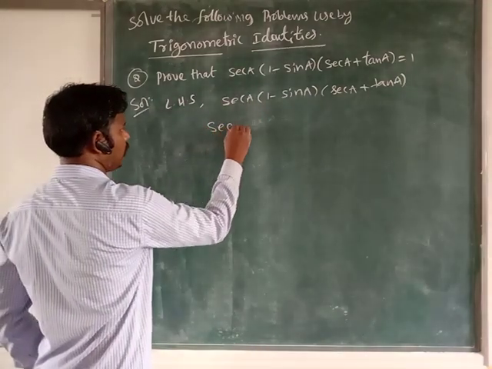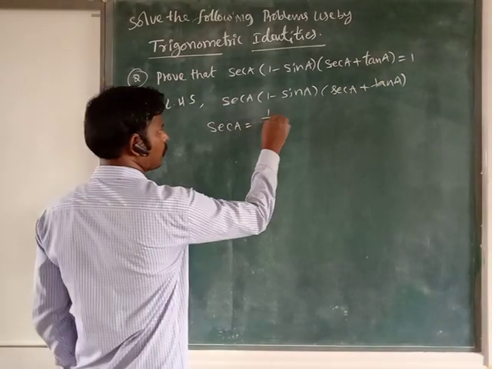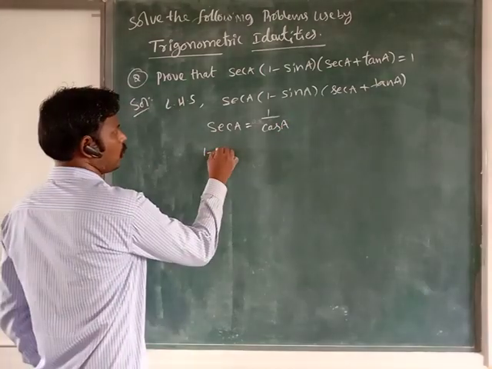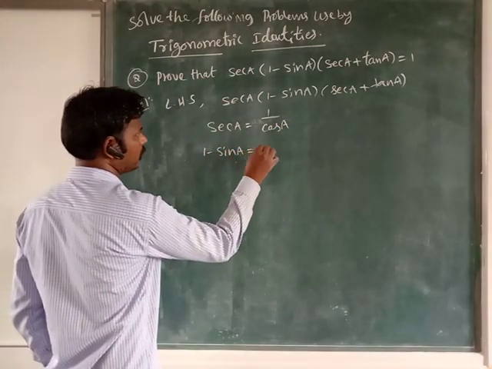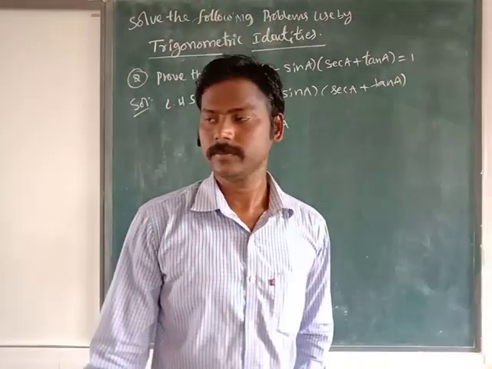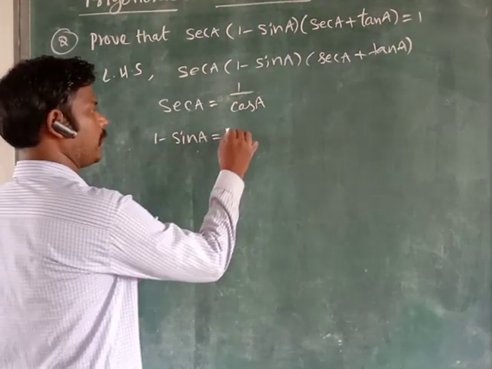Now, secant A, how to write, children? We know which reciprocal is secant A? 1 by cos A. Next, 1 minus sin A: you can write 1 minus sin A only.